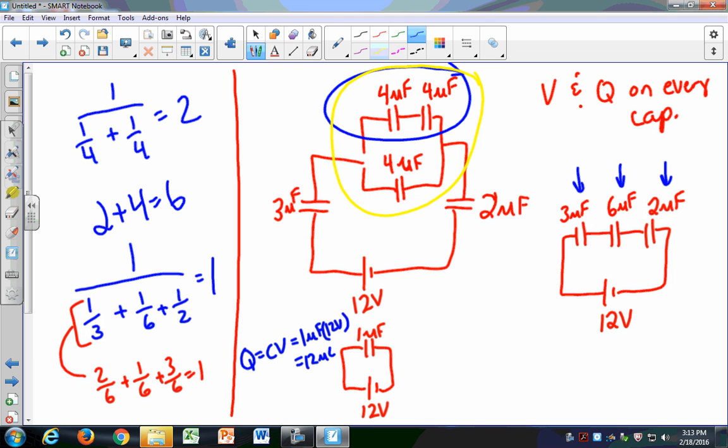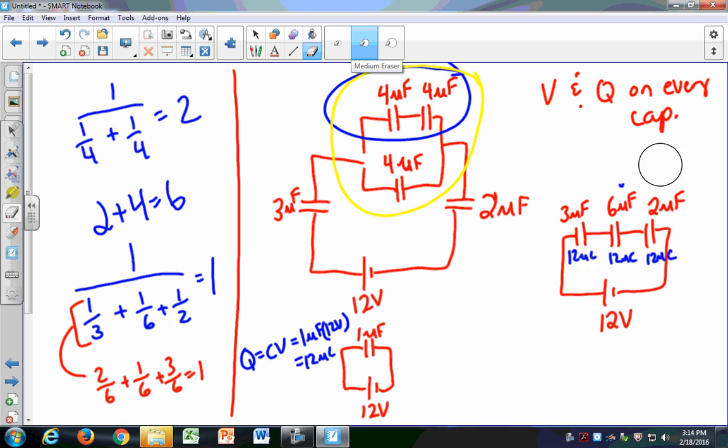Remember your rule about capacitors in series? Capacitors in series have the same charge. They also have the same charge as their equivalent capacitance. So whatever the equivalent capacitance is, the capacitors in series will have that same charge. That's right. So I'm going to have 12 microcoulombs here, 12 microcoulombs here, and 12 microcoulombs here. Now I can also find the voltages on each of those. How would I find the voltages on each of those?